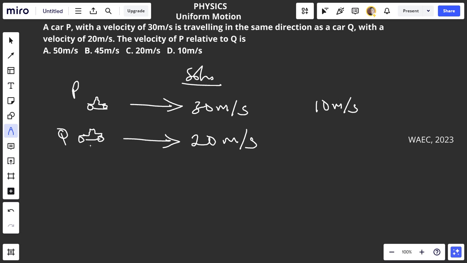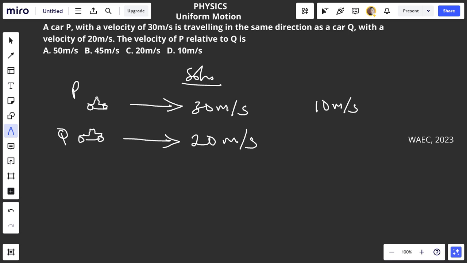Assuming both of the cars were traveling at the same speed, their relative velocity would have been 0, because someone who is in car P, when you use car Q, you appear stationary. It would be as if P is not moving.